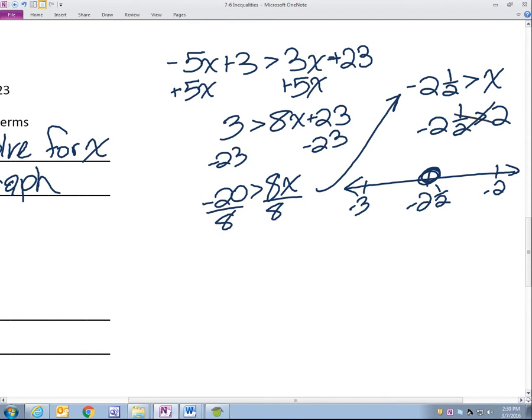No, that doesn't work, so that means I'm going away from it. It's open because it's not less than or equal to, or greater than or equal to. Keep in mind that I could also rewrite this as x is less than negative 2.5. It's the same thing.